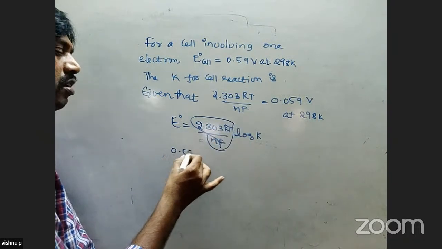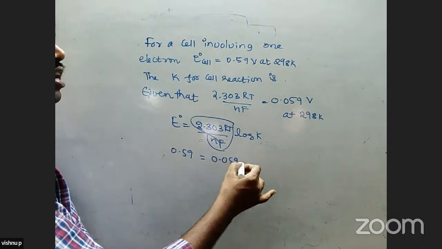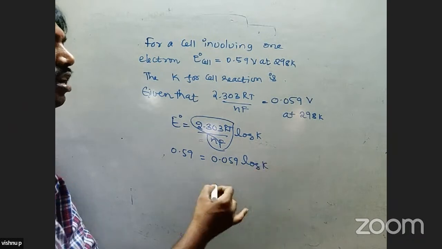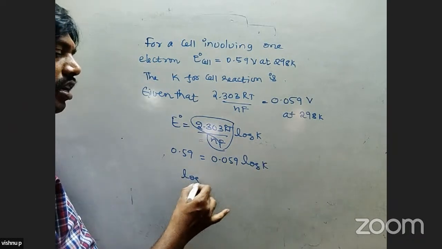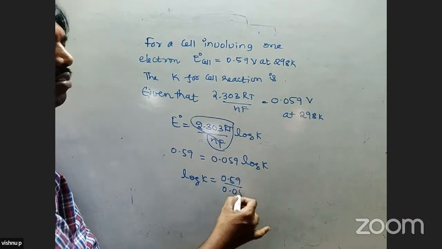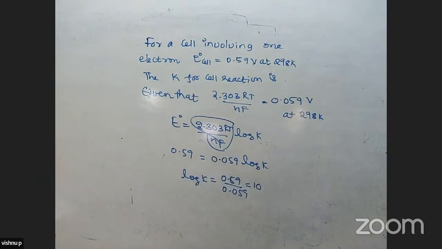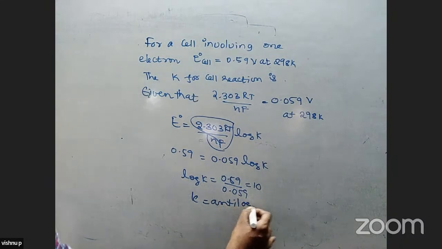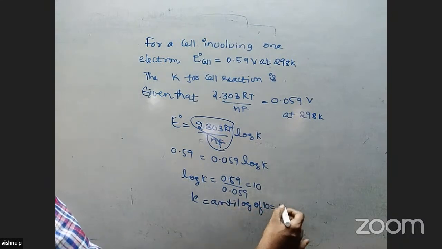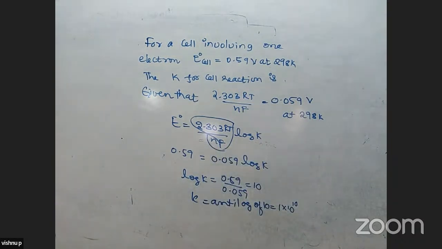This is 0.59 log K. So log K is equal to 0.59 by 0.059, that is equal to 10. We get the value 10. K is equal to antilog of 10, that is equal to 1 into 10 to the power of 10. The correct answer.